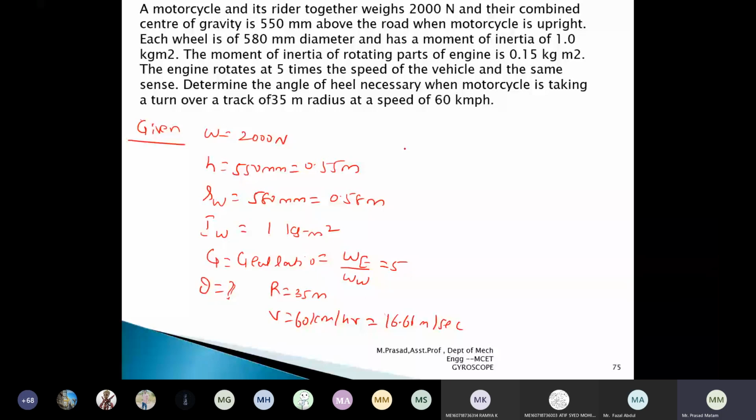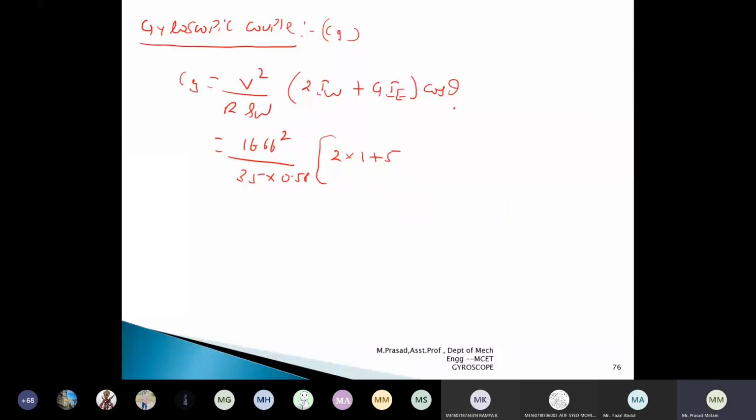Moment of inertia of the engine is 0.15 and of the wheels is 1. 5 into 0.15. Solve this and give me the answer.